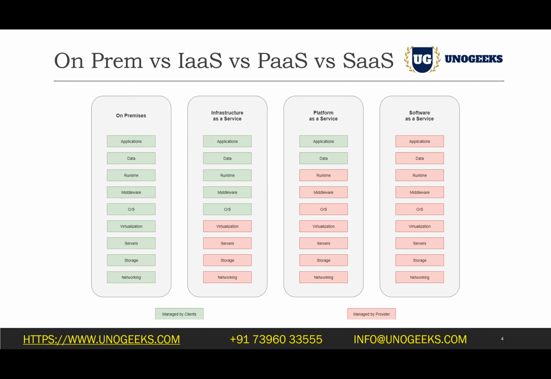When you decide to go with your own servers and your own services offering to your customers, then you have to maintain your application, data, runtime, middleware, operating system, virtualization, servers, storage, and networking. If you decide to do everything yourself in your premises, then obviously everything has to be maintained by you.